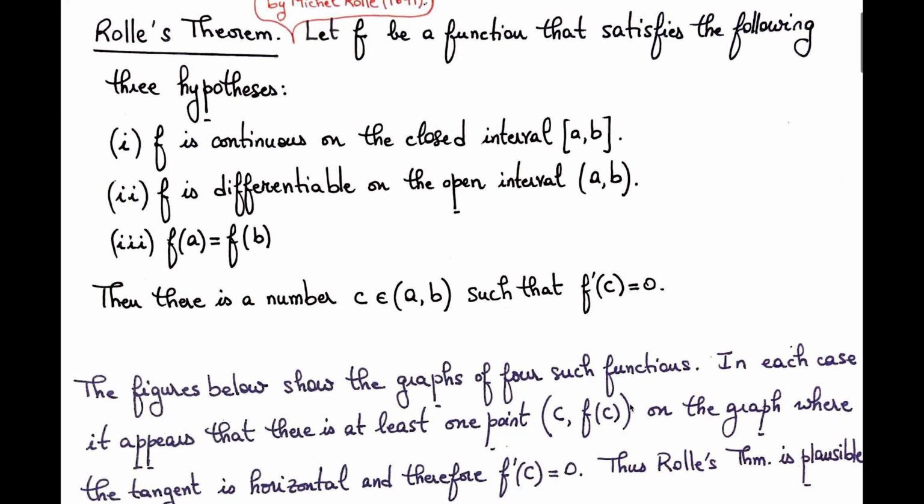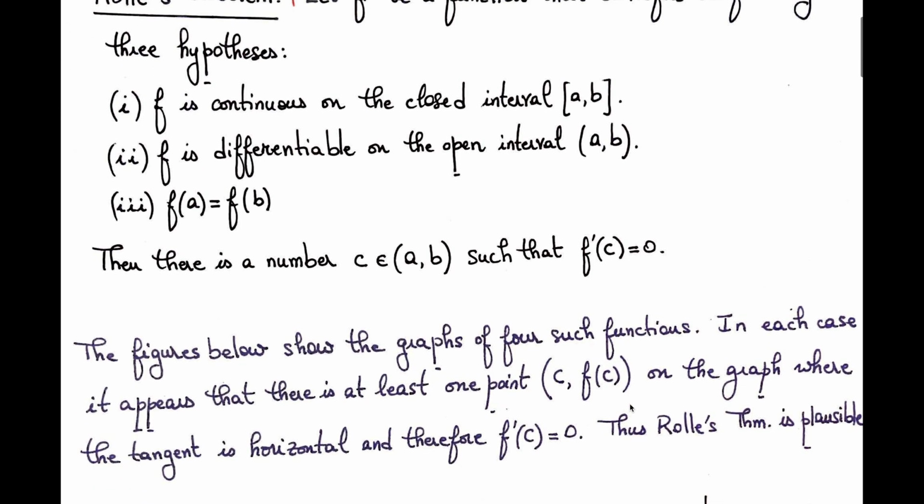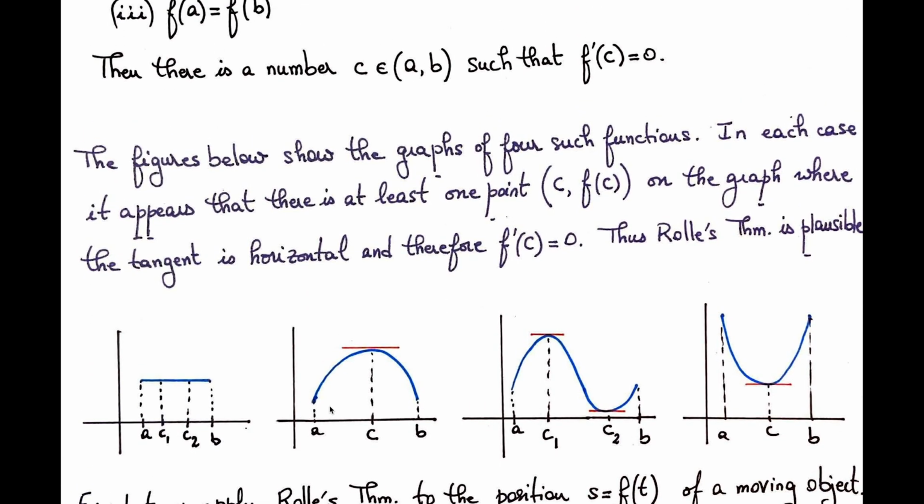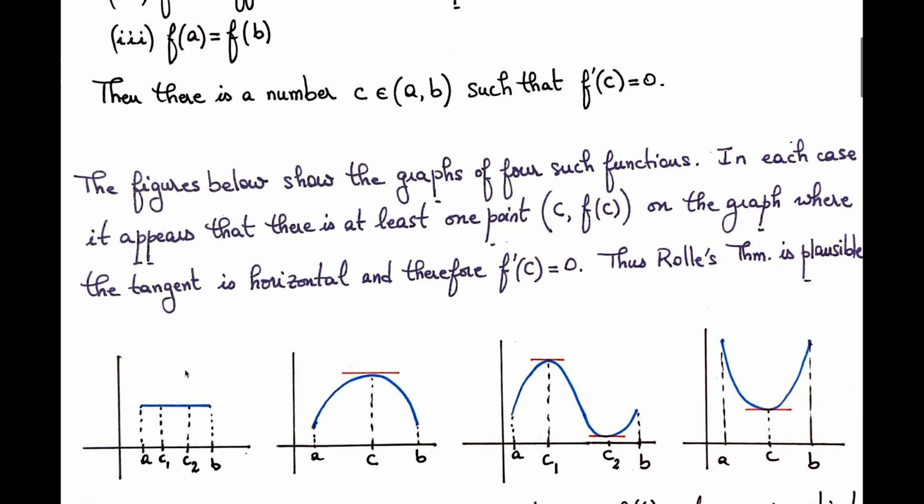Let me show you why Rolle's theorem is intuitively plausible. Consider the following situations. Consider all of these figures. Let's consider the first one, the constant case. Obviously, a function that's constant. Let me zoom out a little bit here.